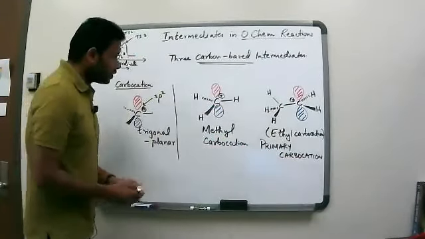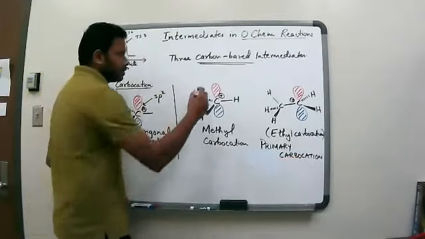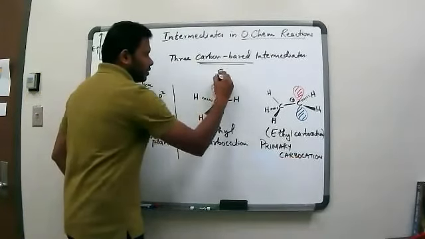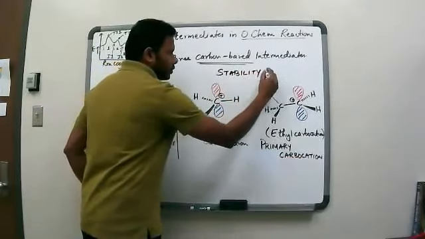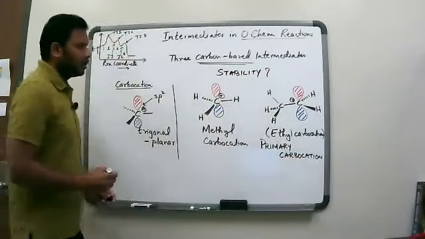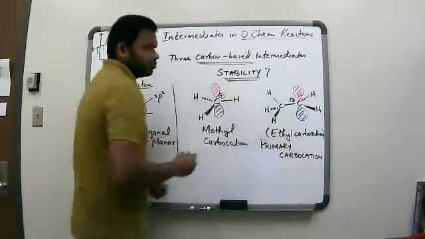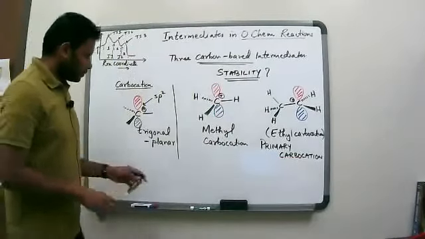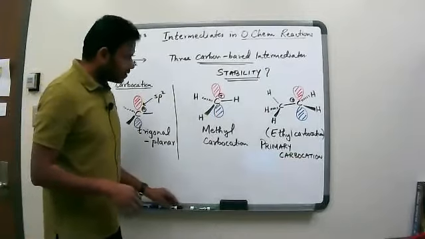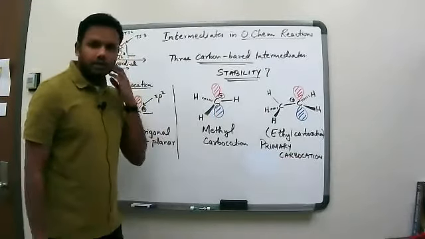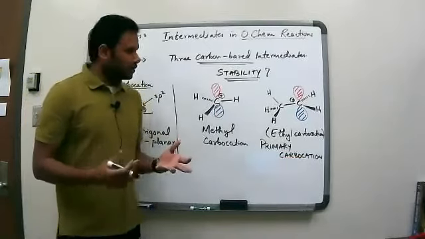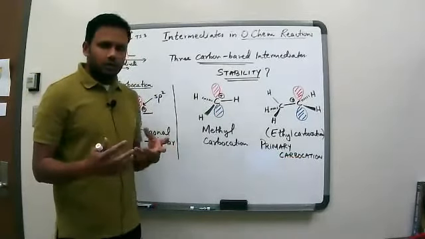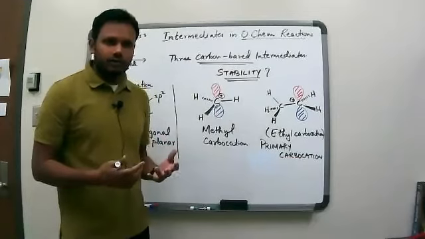So now the important question that we need to ask here is, what's their stability like? Is one of them more stable than the other? Okay. Which one is more stable? So what are some parameters that we have that would help us understand the stability here? Now, in a very crude sense, we can talk about inductive effects.